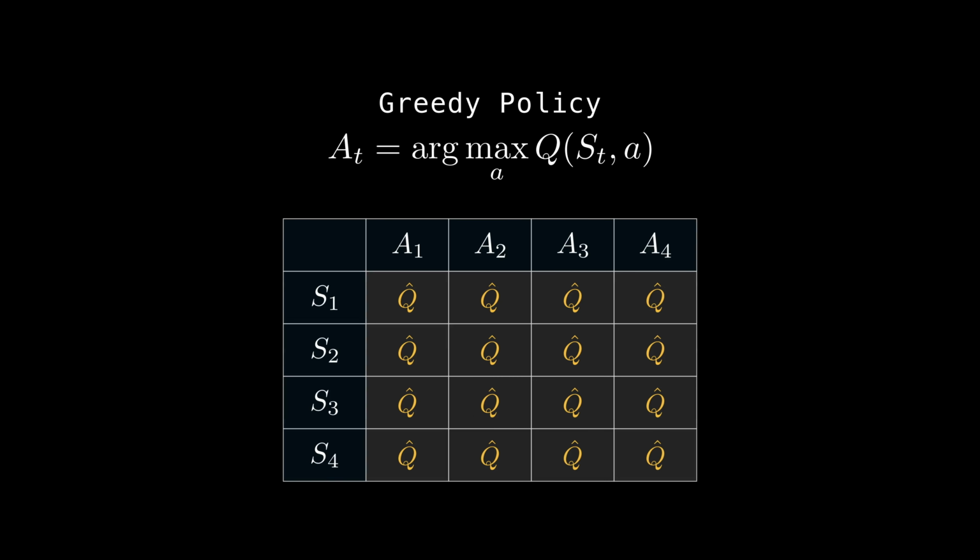There's a problem with this approach. Imagine that to start your training process, you initialize all the values in the Q table to 0, and in the first interaction with the environment, you're in state 2, select action 3, and receive a large reward. You will update the estimate of the action value function by a large number. Therefore, next time you are in state 2, you select action 3 again.